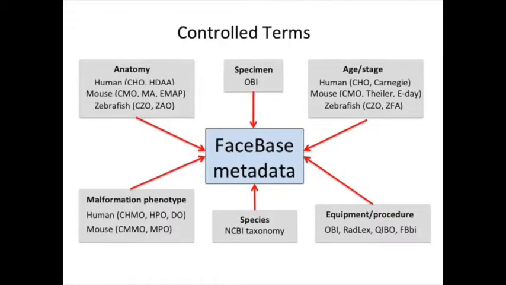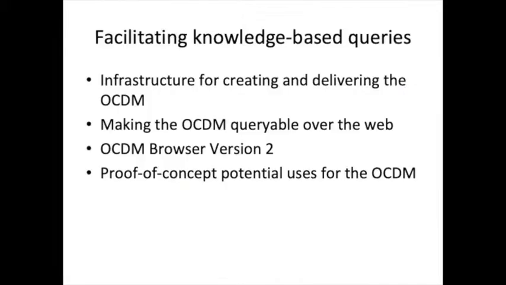The terms are the primary way that the OCDM has been used by FaceBase, the hub, so far, as FaceBase metadata. They have used terms not only from the OCDM, but also from many other external ontologies, as we have also used them within OCDM. But this has not happened yet, but it could be in future work: we have been trying to show some potential use for knowledge-based queries by tracing through these relations.